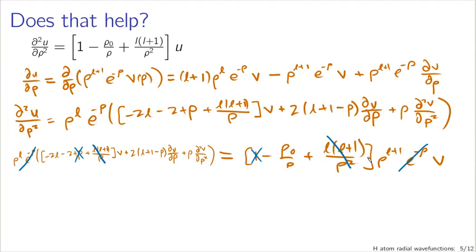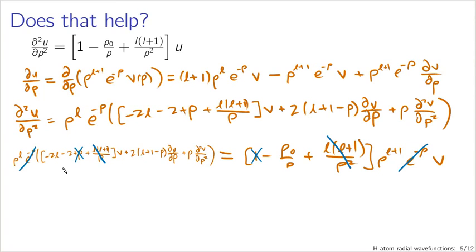So if I multiply in one of the rhos from this rho to the L, I'll be able to cancel this 1 over rho out. Then I'll just have a rho to the L here and a rho to the L here. I've gotten rid of the other two terms in the square brackets here, so I can cancel out the rho to the L as well.